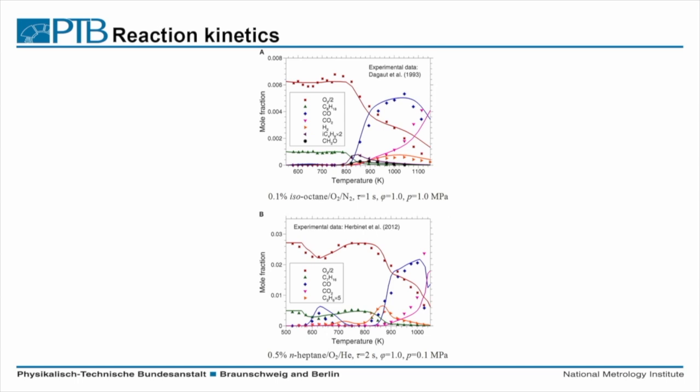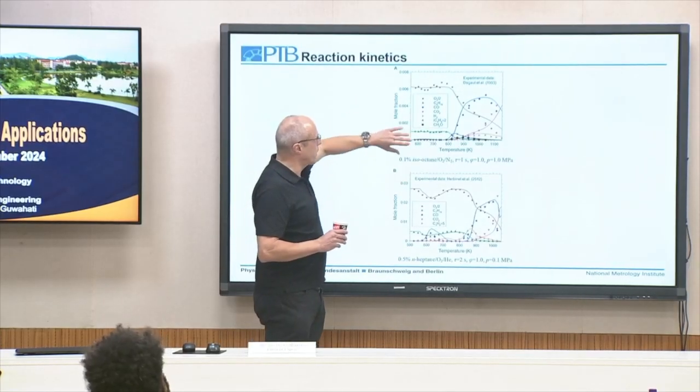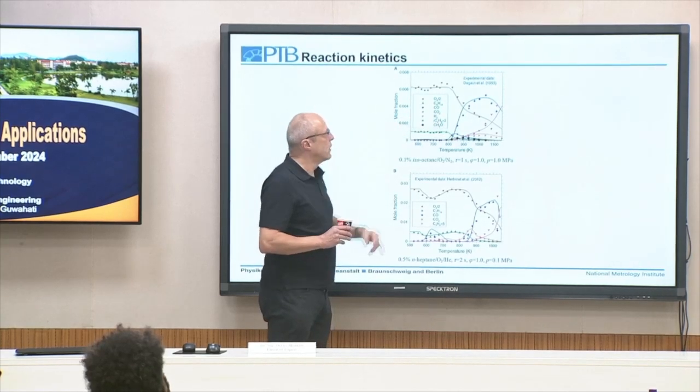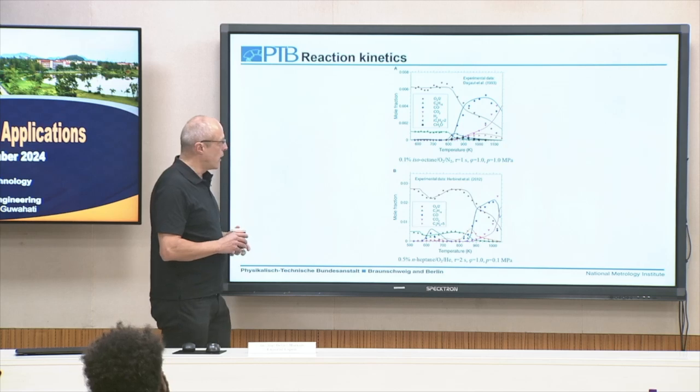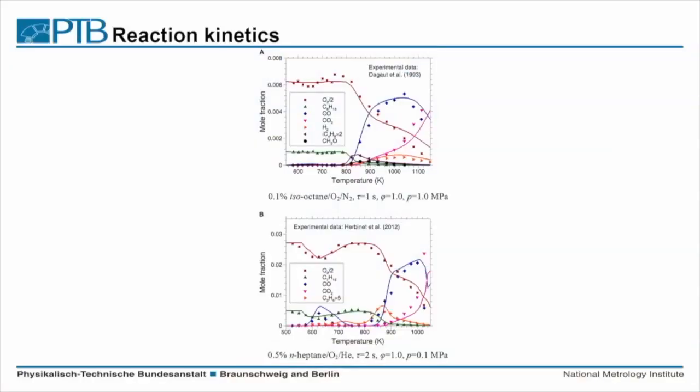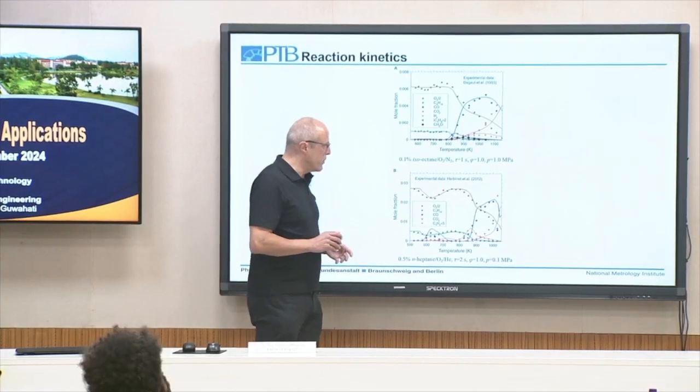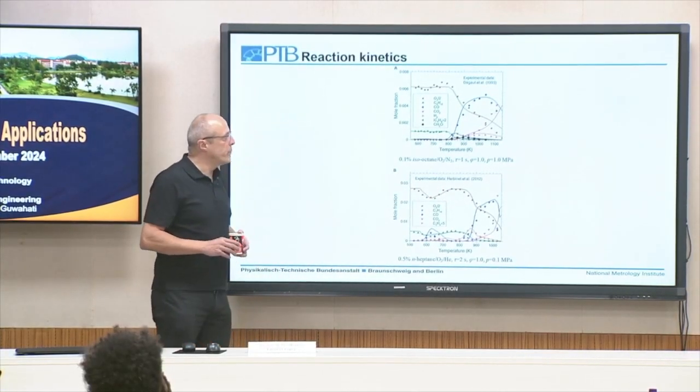This then can be used also for very complex systems. Here we have an isooctane flame with oxygen and nitrogen, and we see for a lot of different species here a comparison of numerical results and experimental results, and of course we have here sufficient agreement of the outcome.